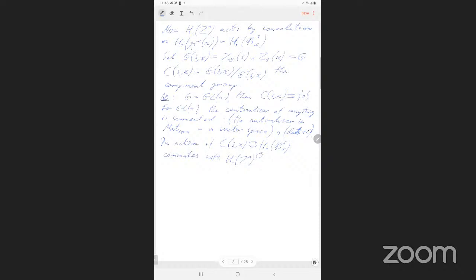And now let's give this formal definition.